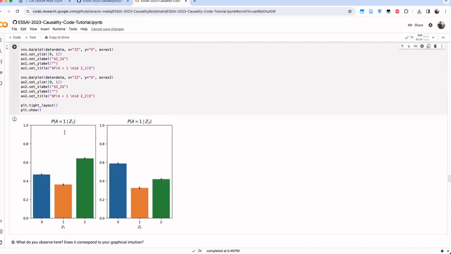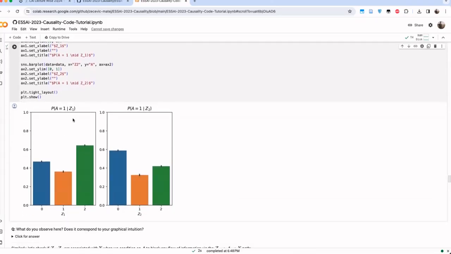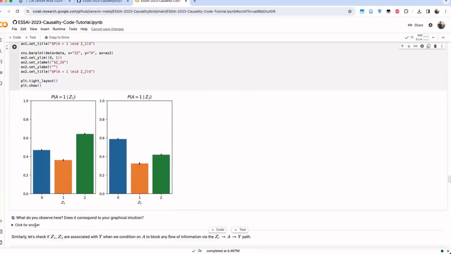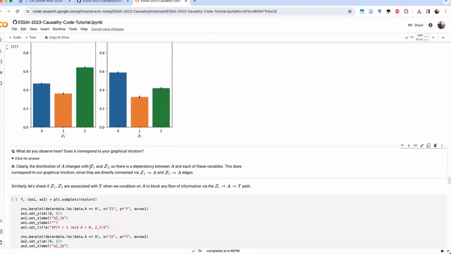What we can see is that the propensity scores vary, looking at both Z1 and Z2. So what do we conclude? Clearly the distribution changes, so there is a dependency between each of these variables. This does correspond to our graphical intuition, since they are actually connected via these edges.